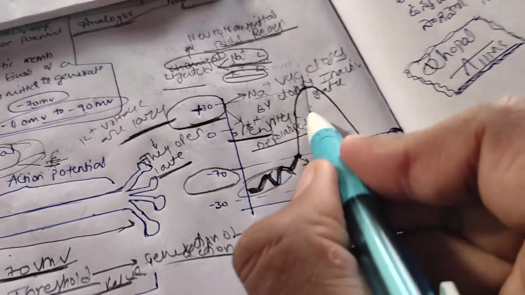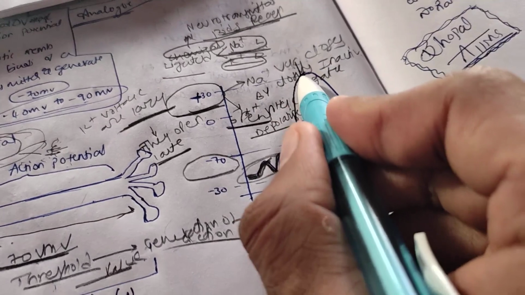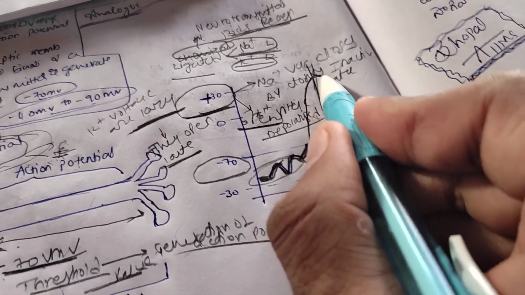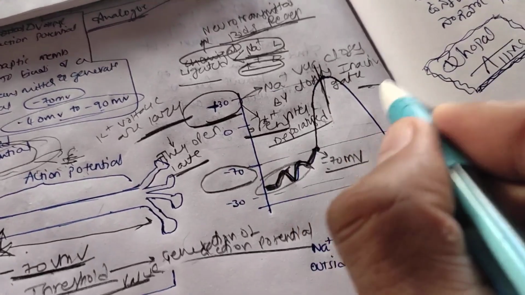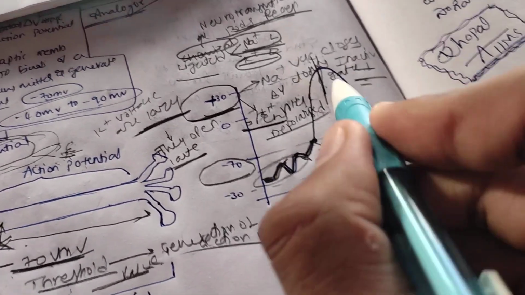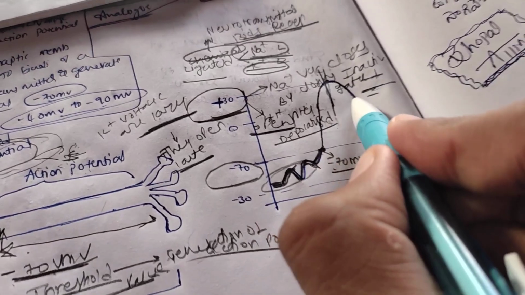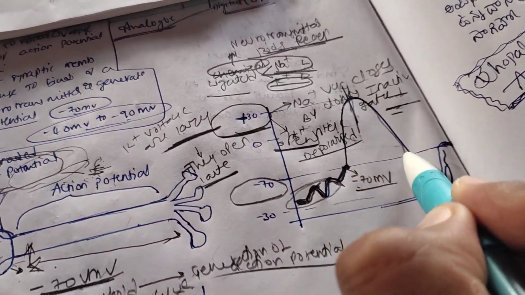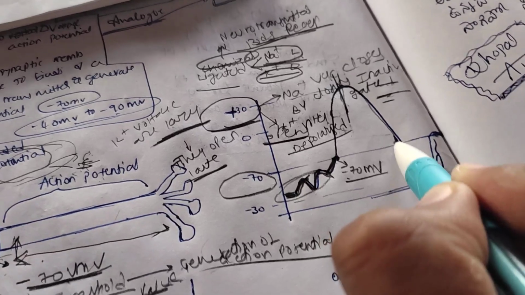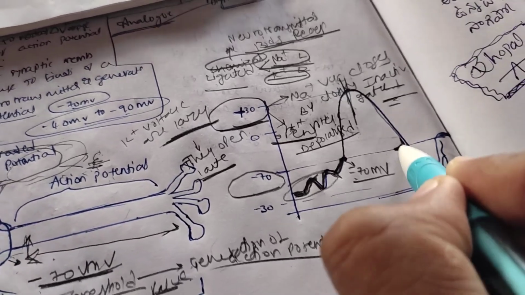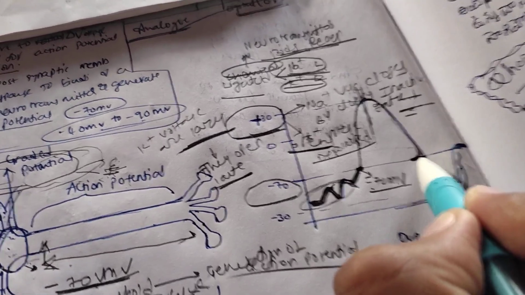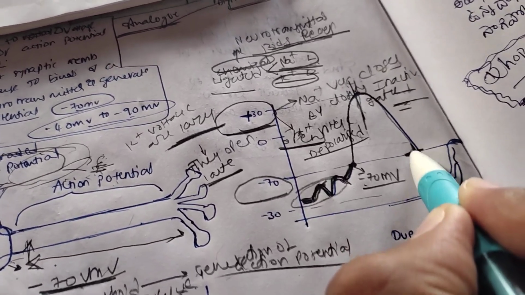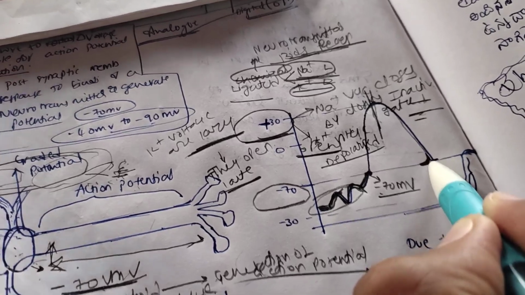Here, due to the opening of the K+ channels, more K+ moves out. As a result, relatively we get negative inside and positive outside, and the potential starts dropping. As the potassium voltage gated channels are very lazy, they still stay open even after reaching the threshold at minus 70.